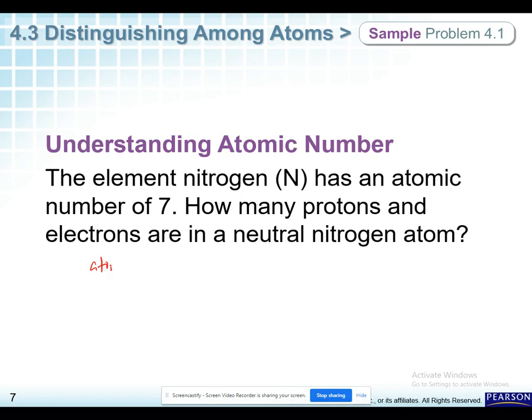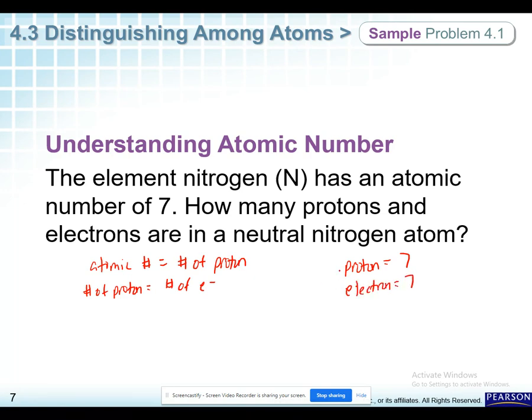Remember, the atomic number equals the number of protons, which means the protons equal 7. And remember, the number of protons equals the number of electrons. So that means electrons also equal 7. So 7 and 7.